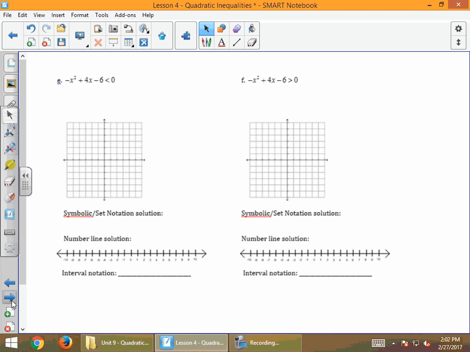What does our GCF have to be? It has to be a negative. We can't have a negative number out in front when we factor. So the only thing we can take out is a negative 1. So when we do that, what happens to all of our signs? They flip. So the negatives turn positive, and the positives turn negative.